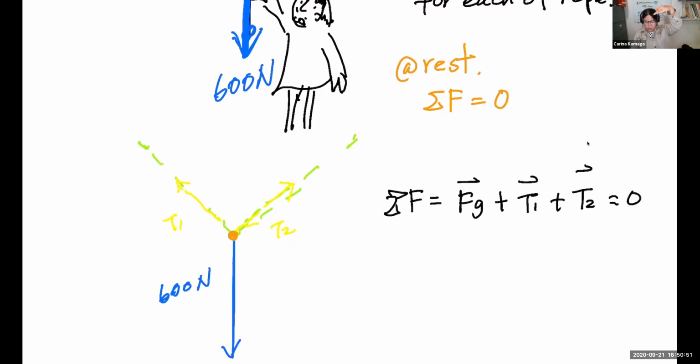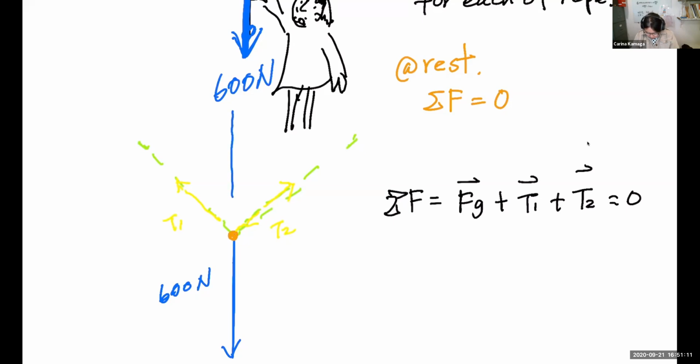It's 600 Newton downward, and T1 plus T2 has to support that 600 Newton vertically downward. So let's flip this blue 600 Newton into the opposite direction.